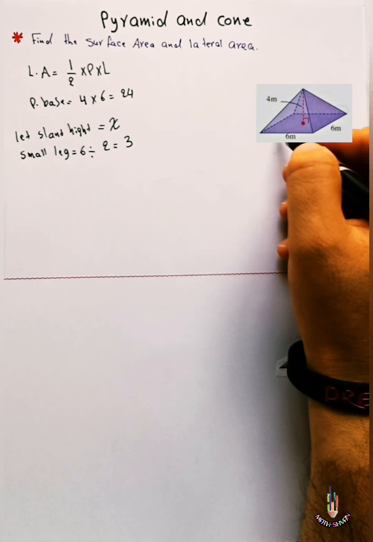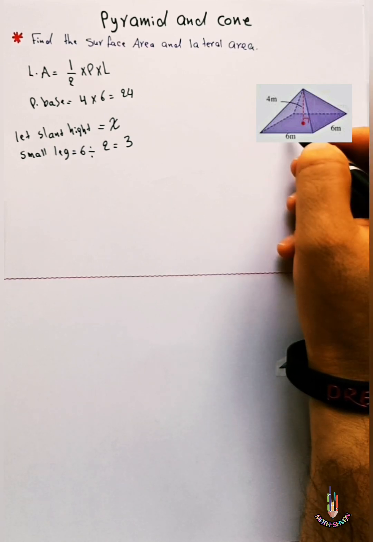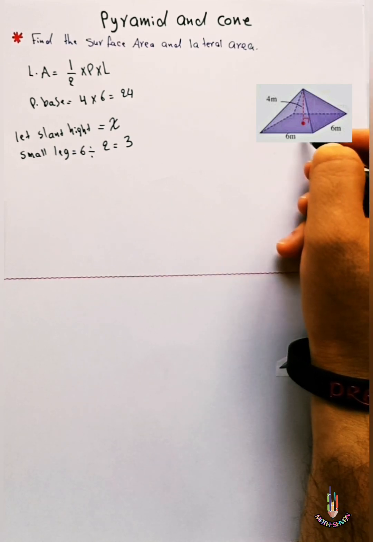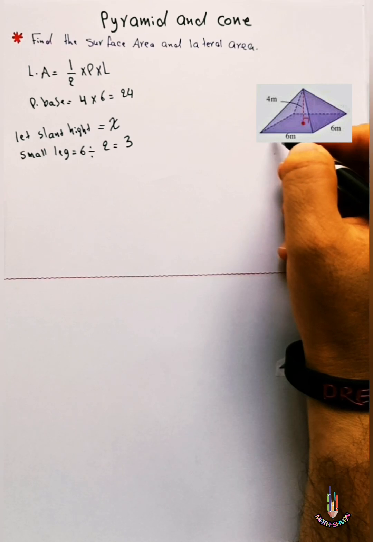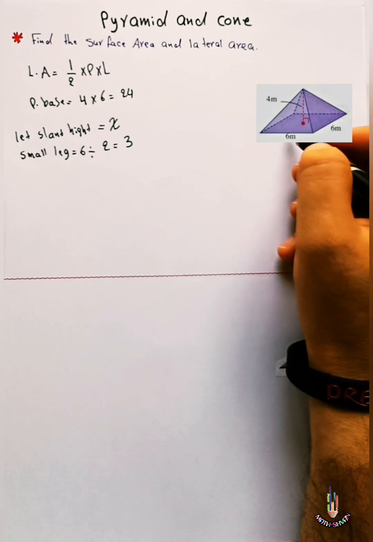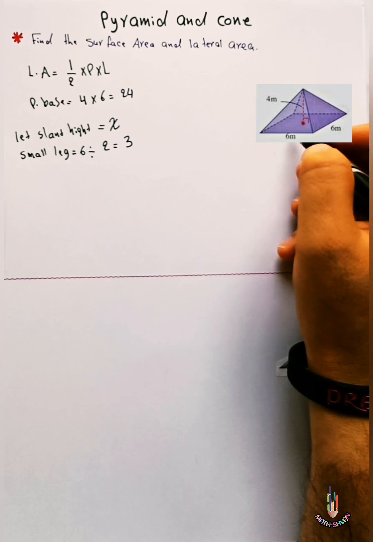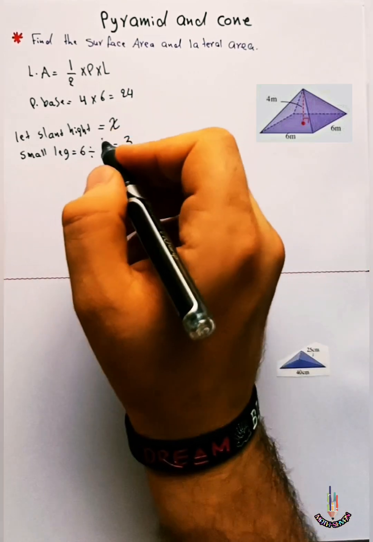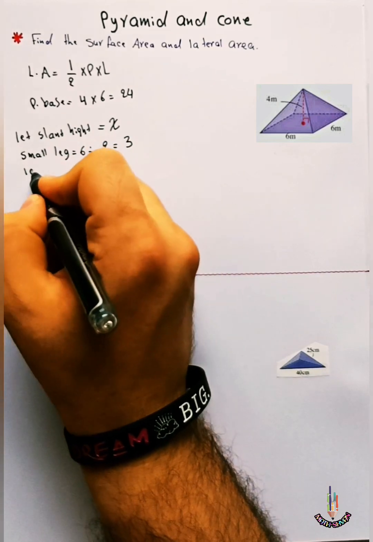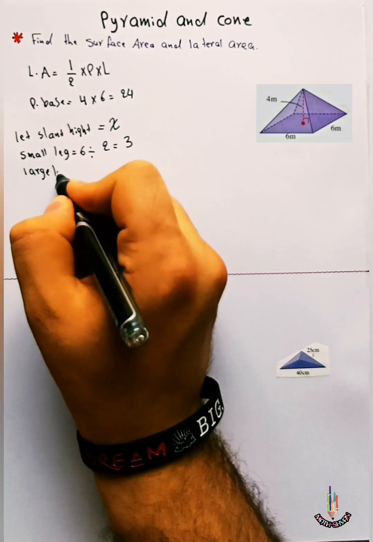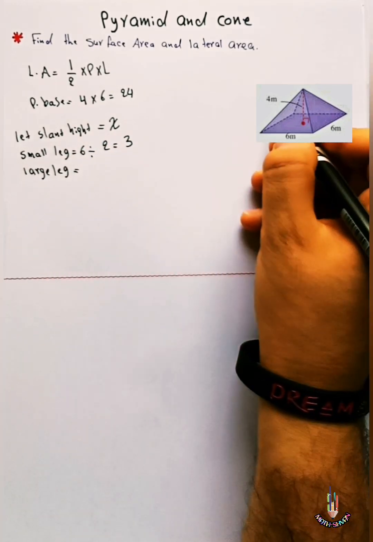The small leg is the base divided by 2, so the length of each side of the square is 6, and 6 divided by 2 will be the small leg, and then the large leg is 4.